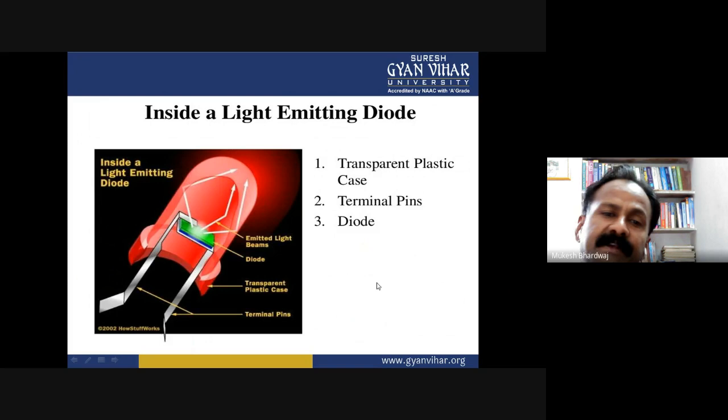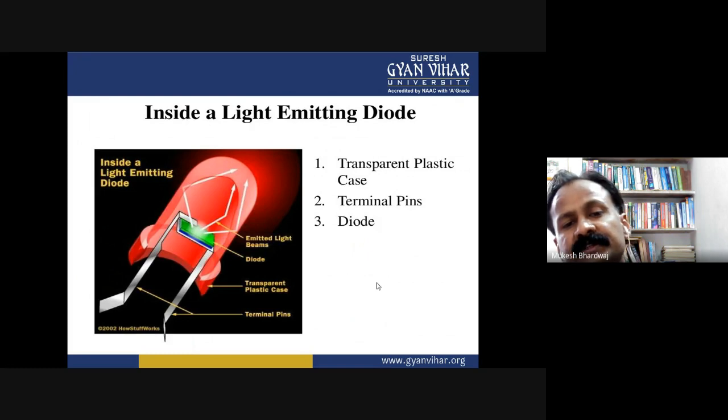Inside a light emitting diode, you see there are two terminals and one green colored base lying on one terminal.